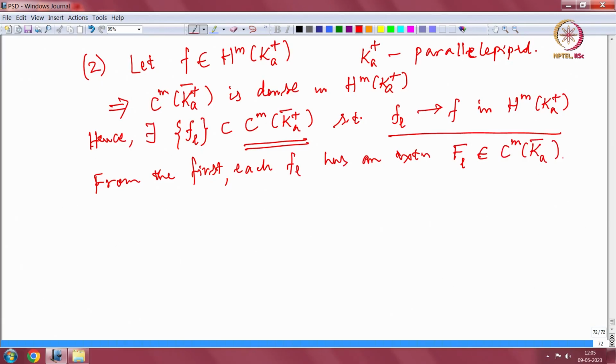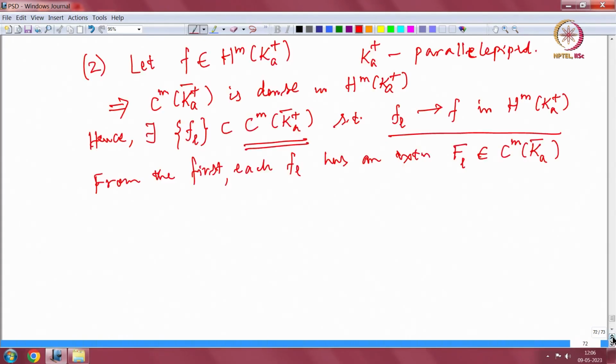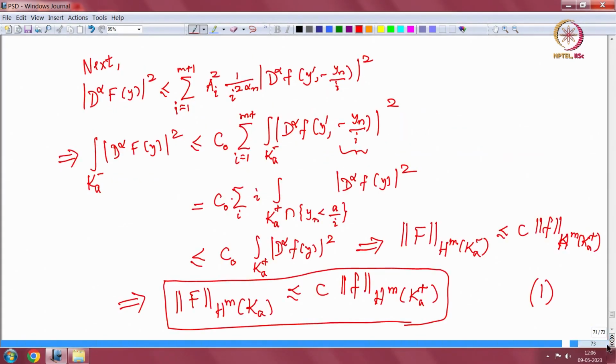Okay. And each FL also satisfies this inequality. That is very important. So, this 1.